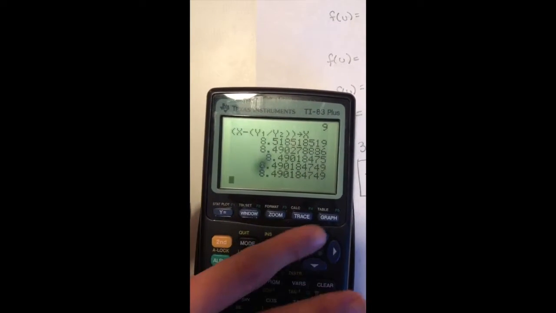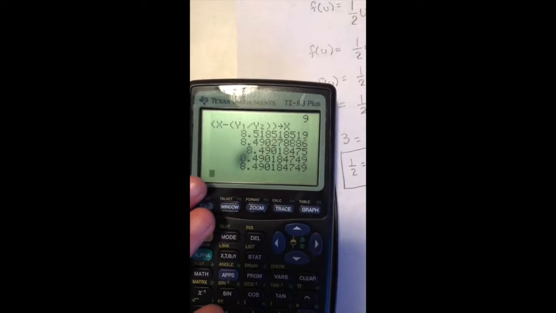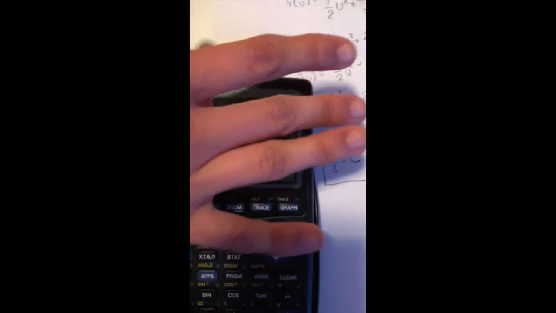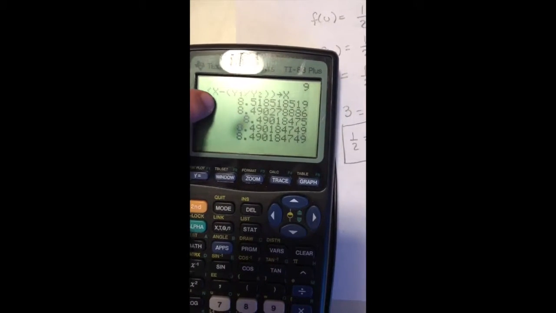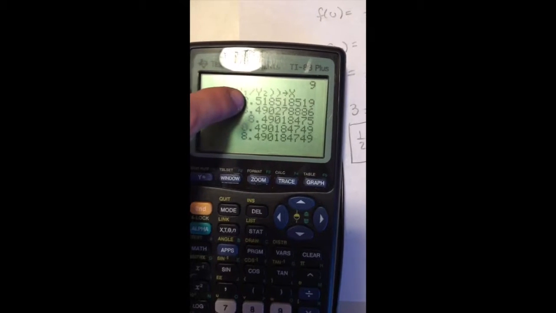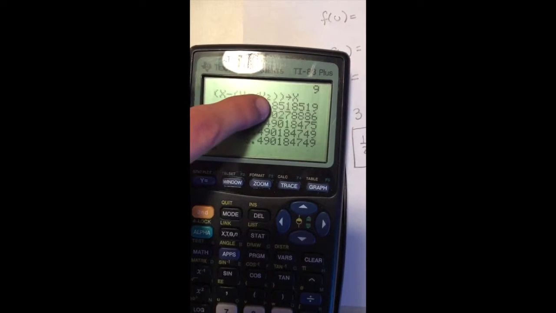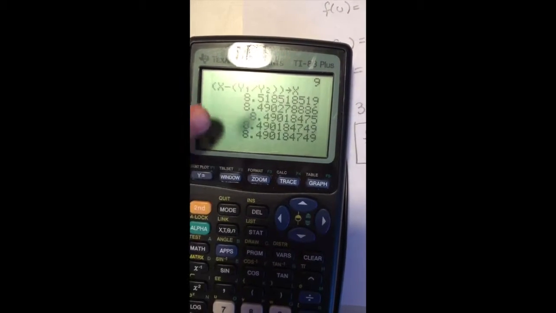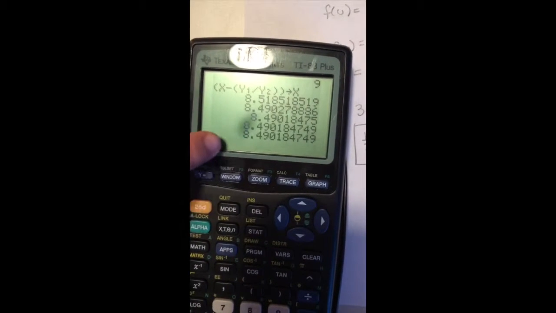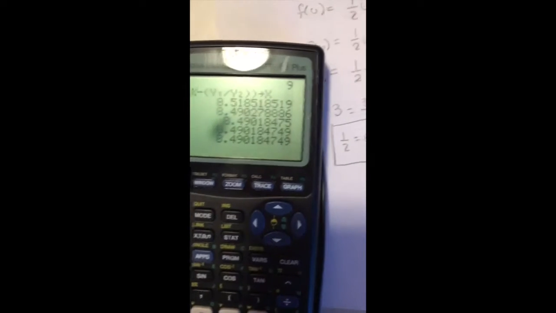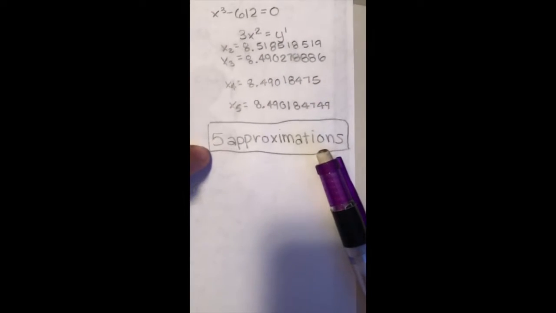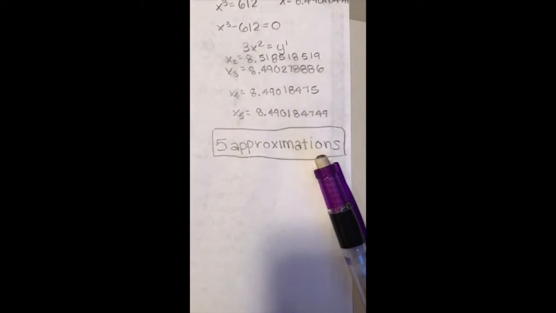You stored originally as the first guess of 9 in your calculator is x. Then you did x minus the original equation over the derivative equation, stored that as x, kept hitting enter until you got the correct answer. And that took approximately 5 approximations.